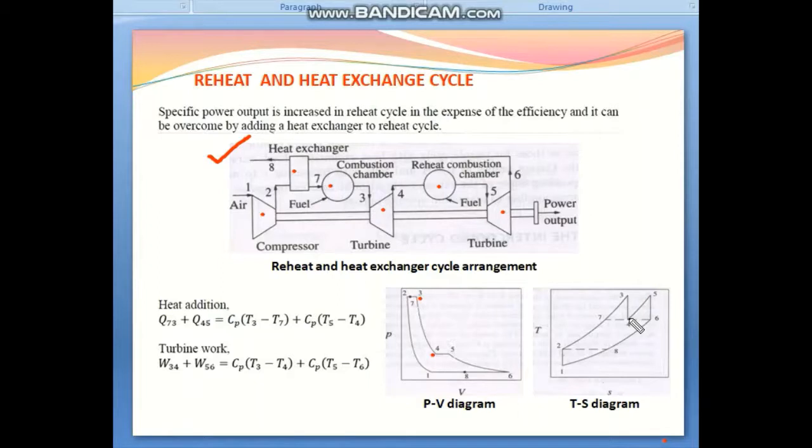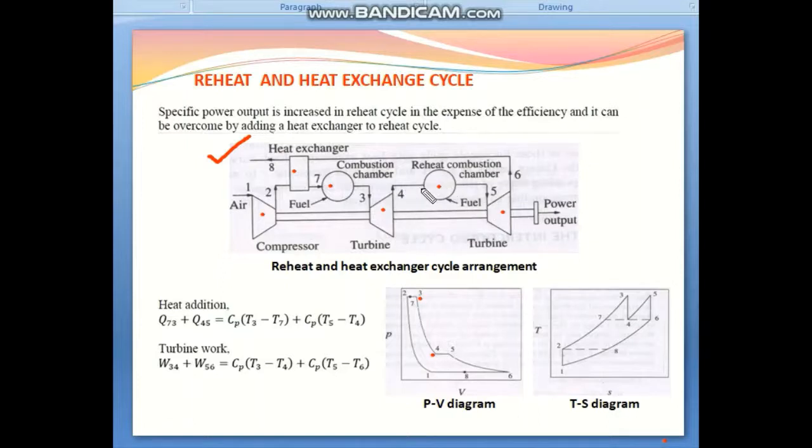After flowing through turbine 1, it enters the reheat combustion chamber. In the reheat combustion chamber, it is again mixed with some fuel and combustion takes place.